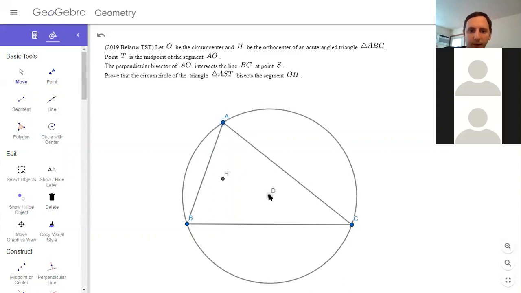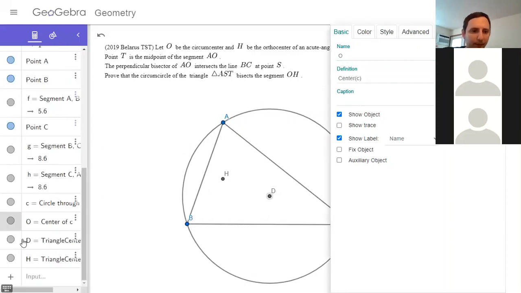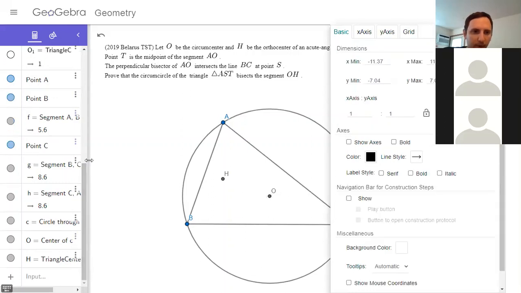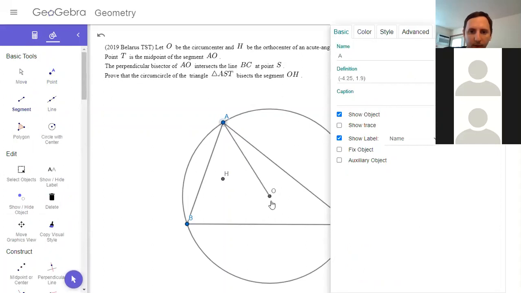T is the, how'd this turn to D? Oh, I think yeah, let me delete this one. How do I delete that? There we go. Okay, T is the midpoint of AO.